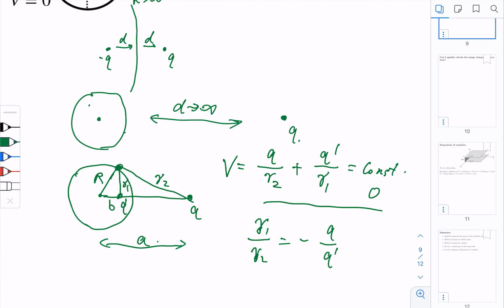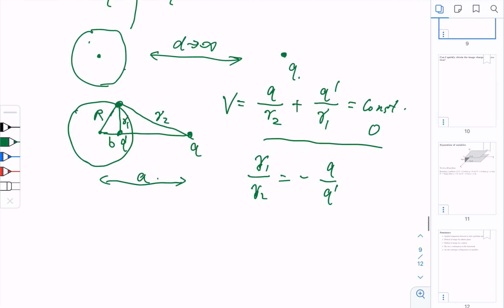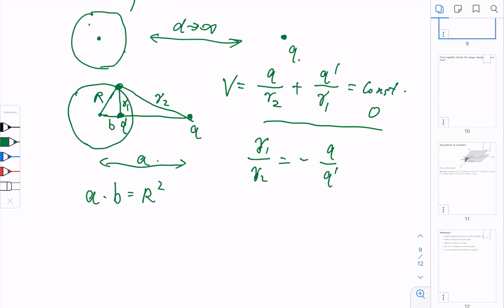So now, how mathematically can this be correct? One way is to see that if we specify this b at a magic location such that a times b equals r squared, then that might happen, because now you see that there are two triangles.